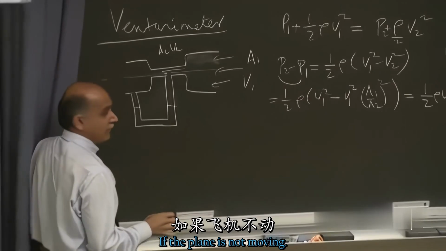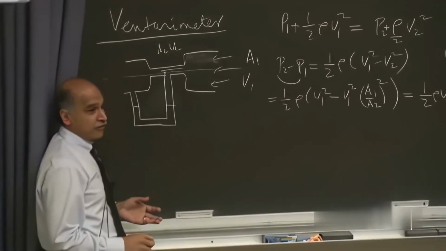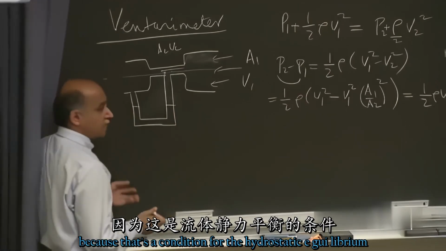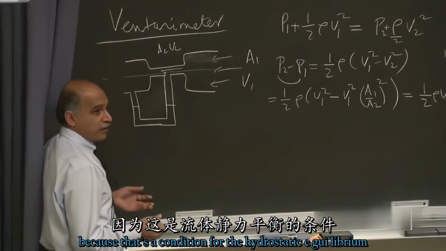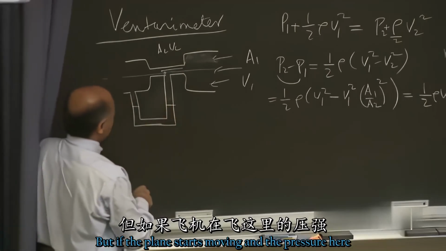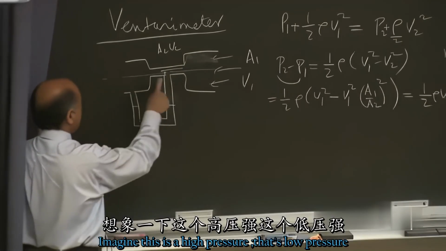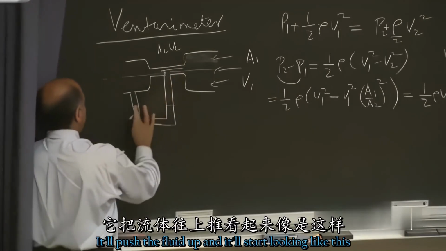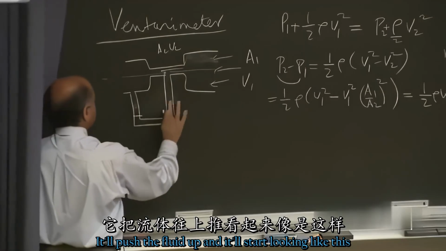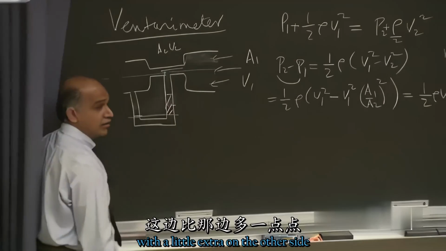If the plane is not moving, you can tell these two heights must be equal because that's the condition for a hydrostatic equilibrium, because these two pressures are equal. But if the plane starts moving and the pressure here is lower than the pressure here, imagine this is a high pressure, there's low pressure, it'll push the fluid up and it'll start looking like this with a little extra on the other side.